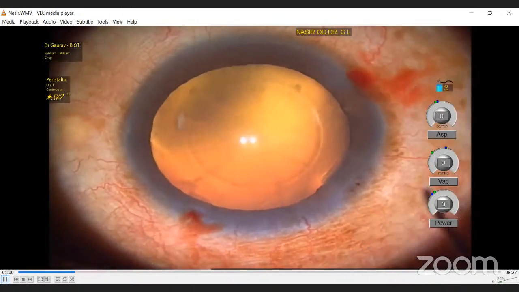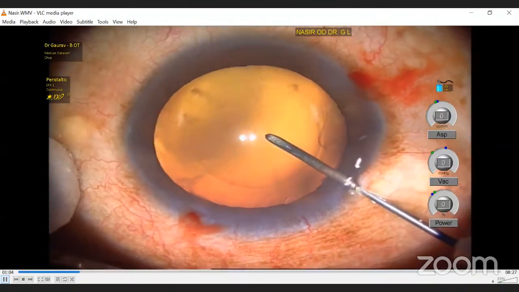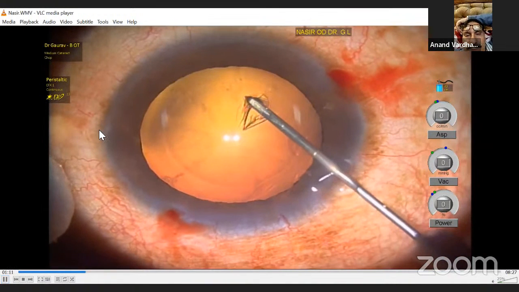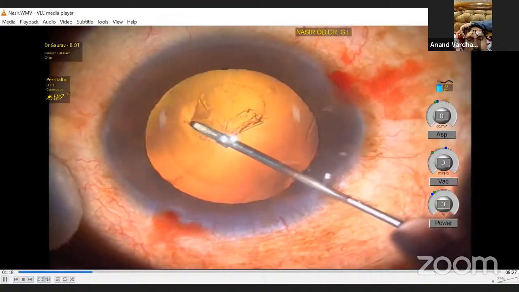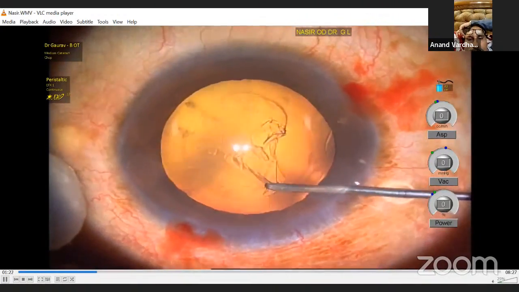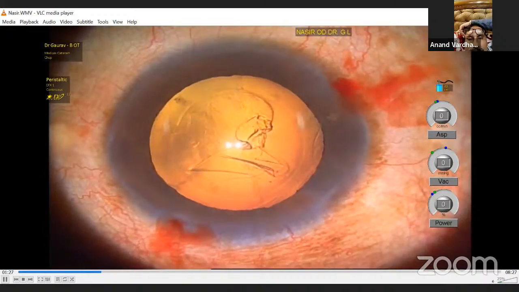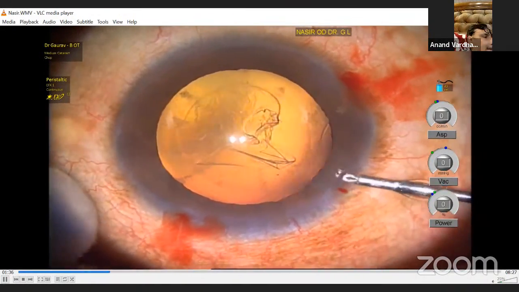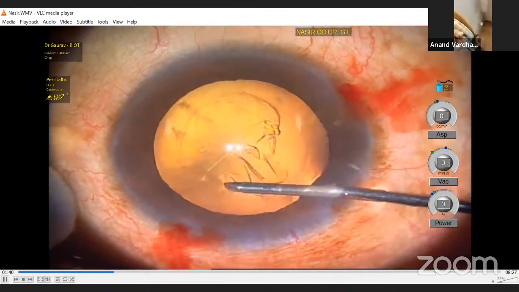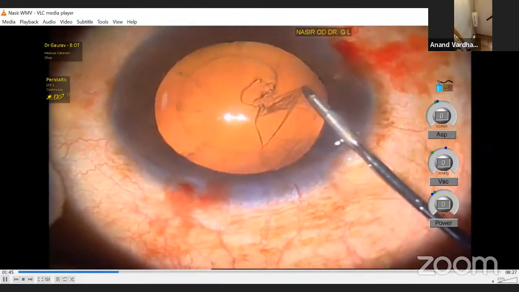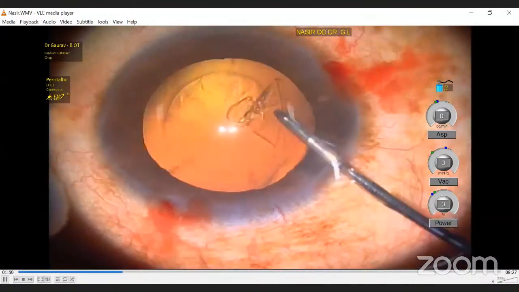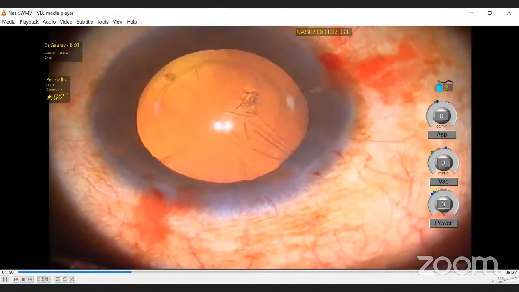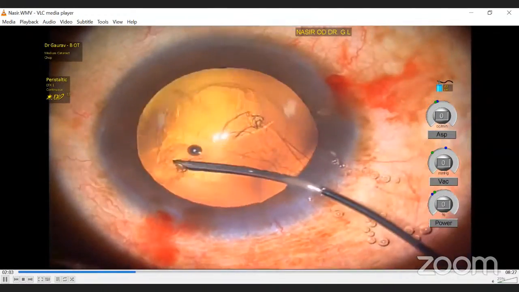Under the visco, the capsulorhexis was made. The capsulorhexis was made in a circular and central way, and till now the surgery was quite uneventful.